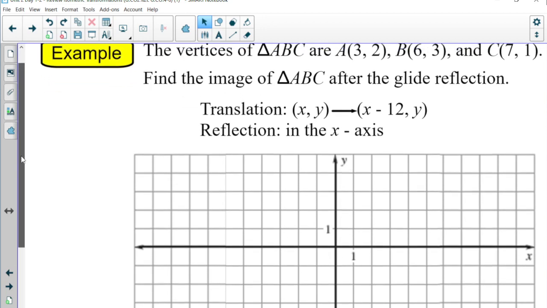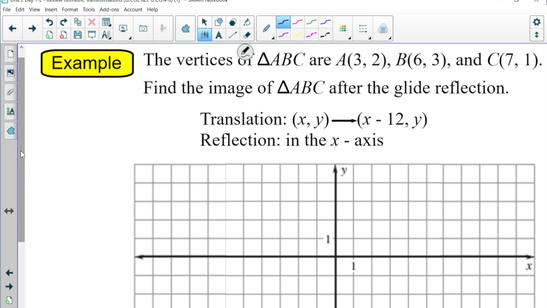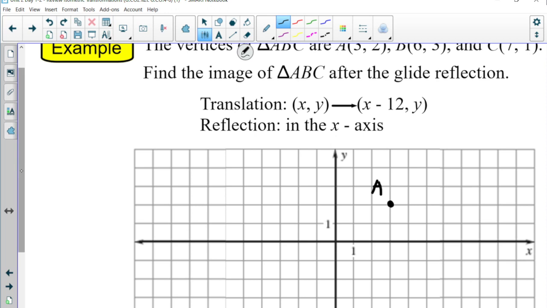All right. So starting with point A at 3, 2. So I'm going to go ahead and put point A there. And we'll just do it with point A, and then I'll have you do it with points B and C. So first off, we're going to do a translation, and that minus 12, let's think about what that minus 12 is going to do.